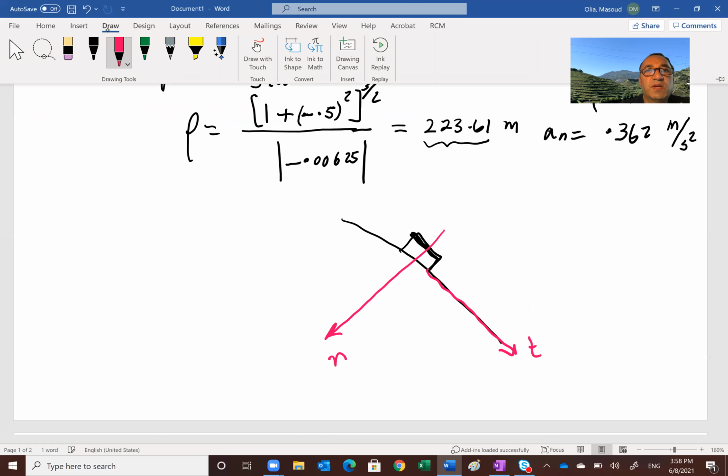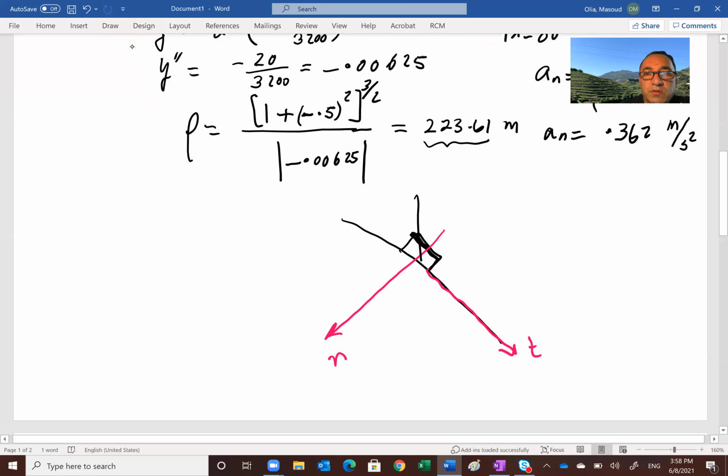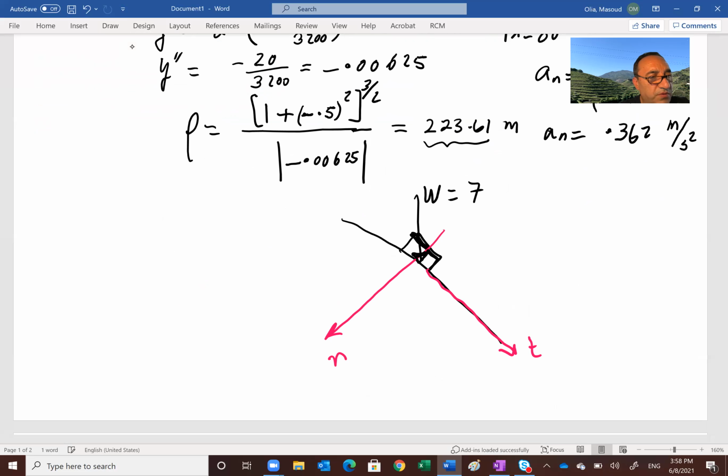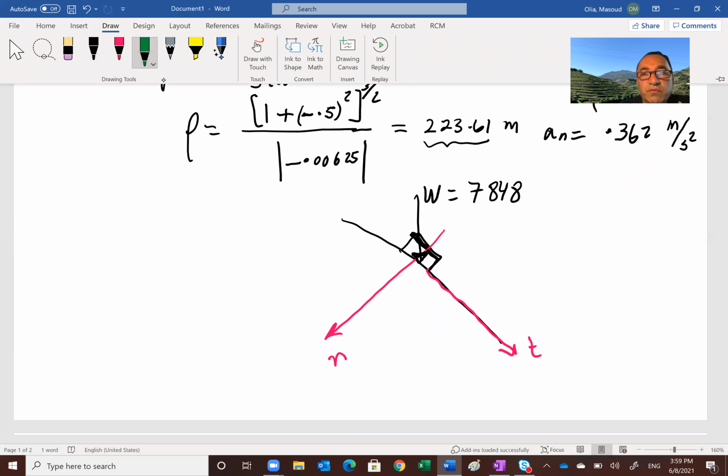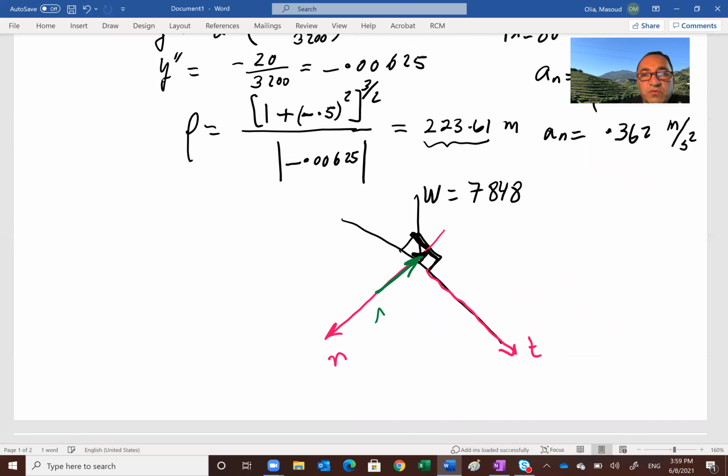What forces did we have? We had the weight of the object, which was 7,848, and we had the normal force and the frictional force. So basically, I'm just redrawing what we had up there.